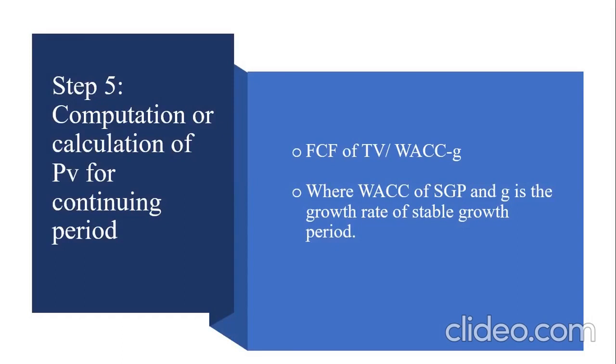Now we need to find the present value of future cash flows of the terminal period or the continuing period. It is calculated using the formula: free cash flow of the terminal period divided by weighted average cost of capital minus growth rate for the stable growth period. And this is discounted at the higher growth period.